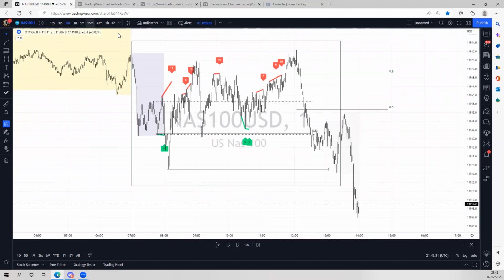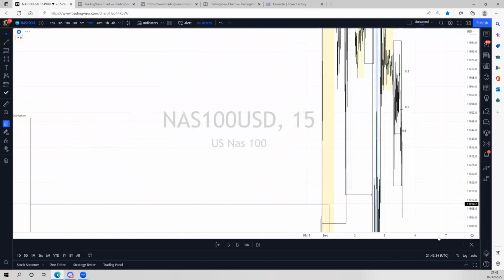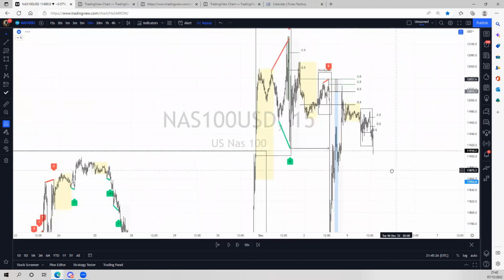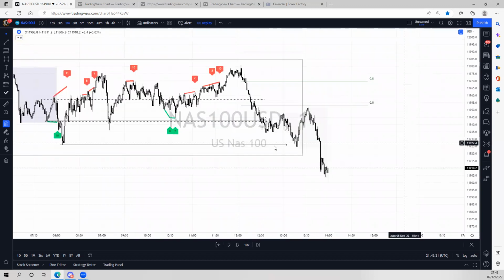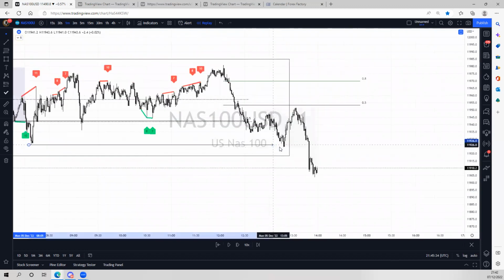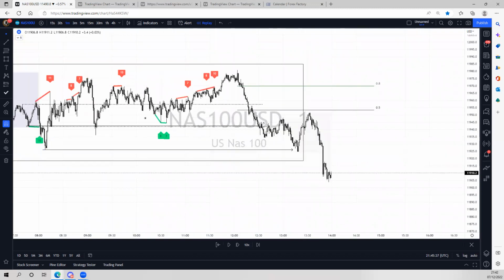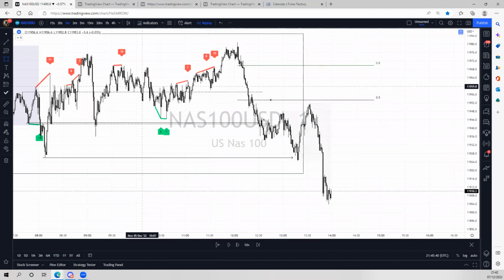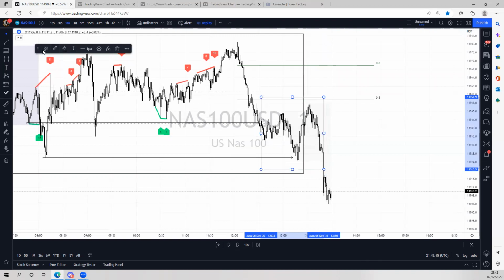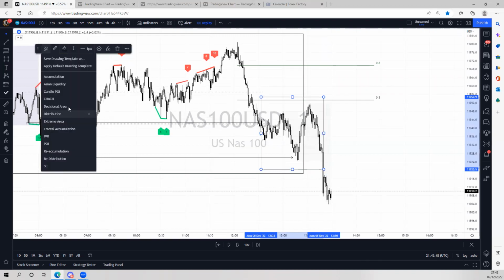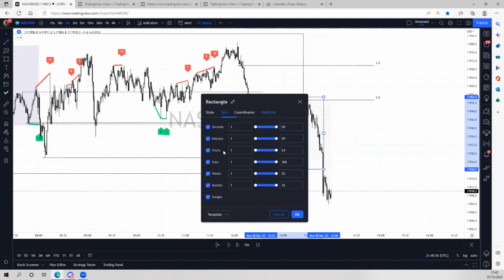So off the back of this, let me see where we are on the 15 minute. Yeah, I would take continuation sells. So we've obviously got that being the break and this being the redistribution. I would be quite selective with the entry, making sure that there's a schematic present or good numbers. Sorry, I forgot to do numbers on that one. Redistribution, I'll just bump these down so it doesn't make a mess.